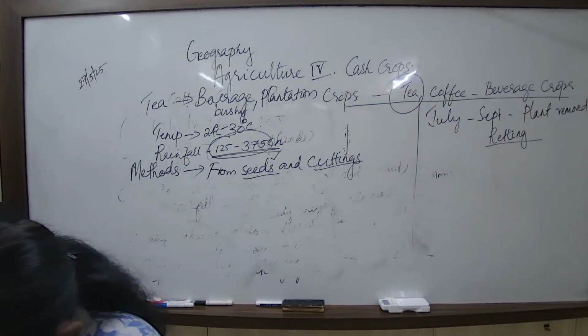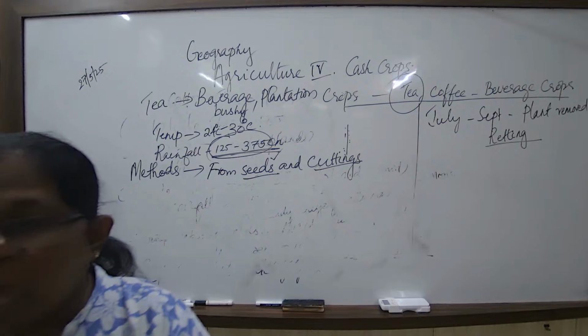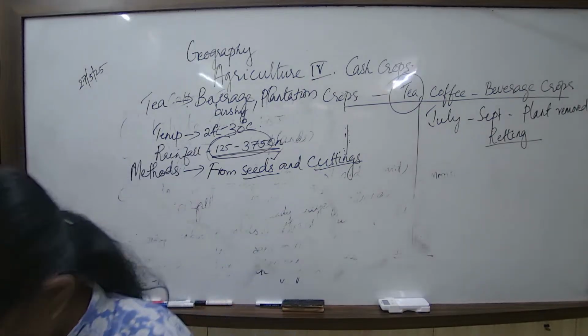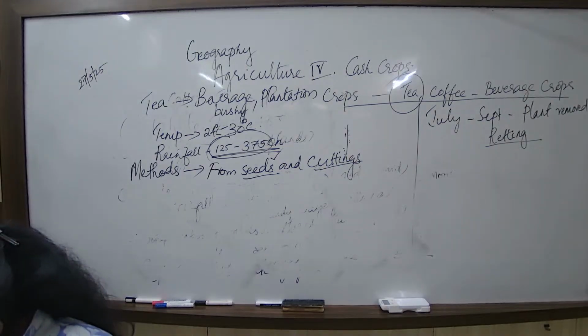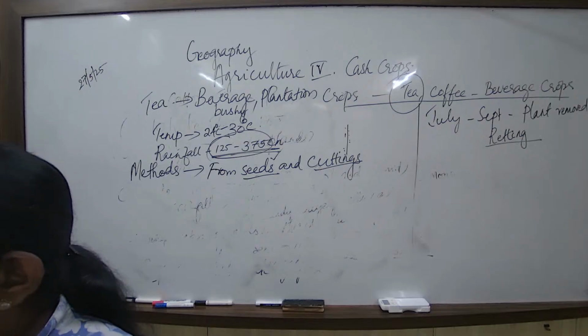In processing black tea, the following steps are taken. Withering. The gathered leaves are first withered or dried in the sun for a day or two to extract moisture. The first process after plucking the tea leaves is withering. That means spreading them in the sunlight, hardly for 2 days, maximum 2 days.